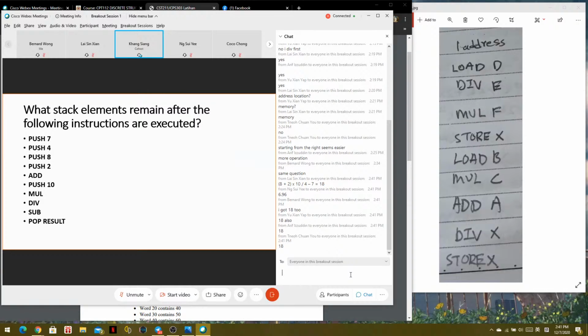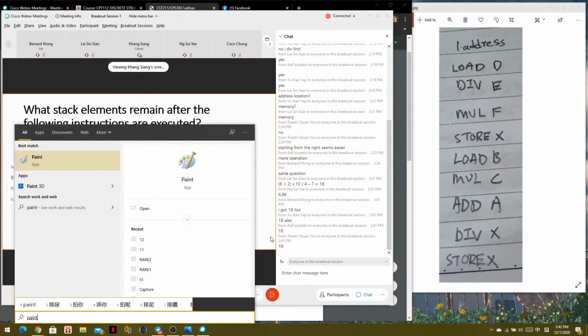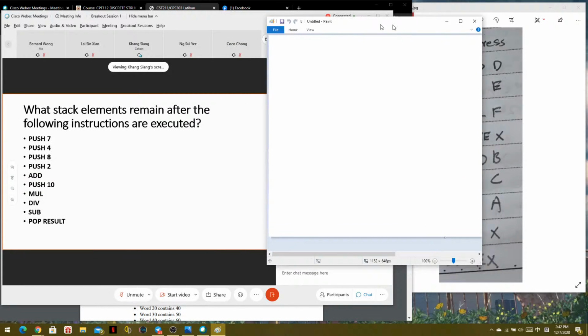Why did you get 18? But first things first, there's a trick inside this question. I told you to look at my slide, right? My slide is actually different from your slide. One line is different. So what is the stack element remaining after the following instructions have been executed?